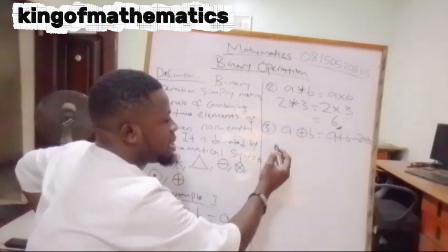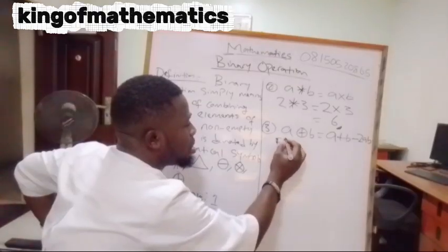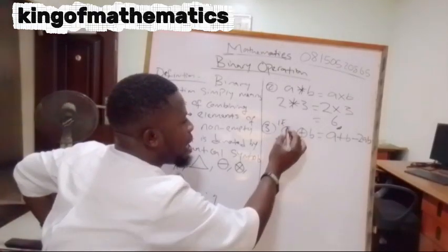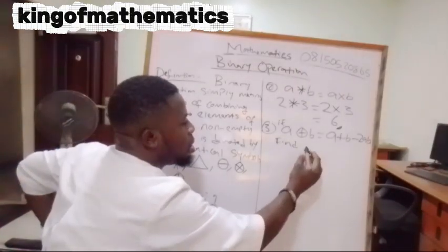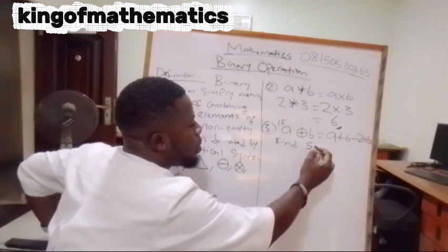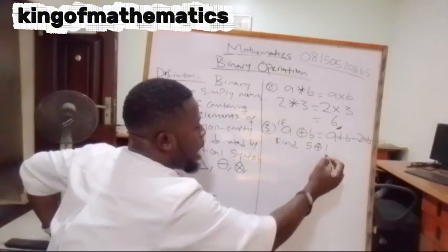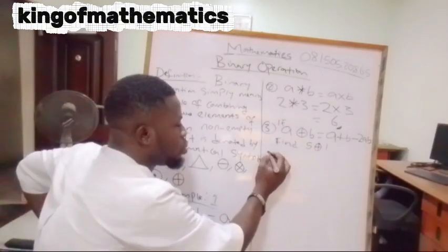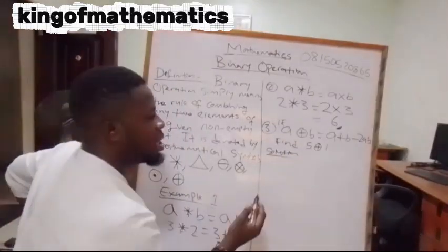This time around, they now ask, find 5 operation 1. So therefore, solution: in that case, what's your a?